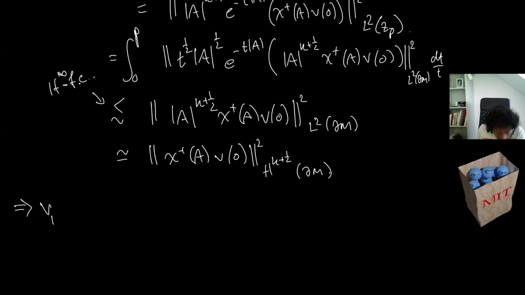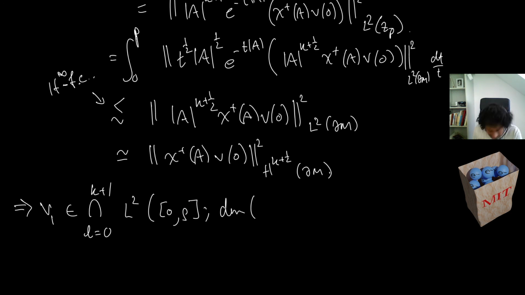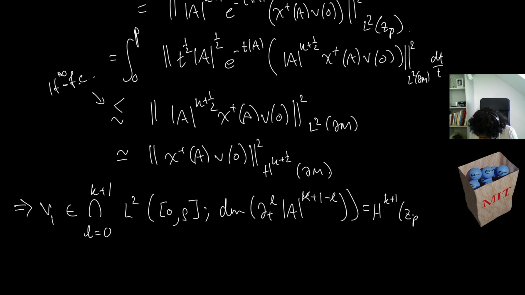This tells us that V1 is in the intersection of the domains, l equals 1 to k plus 1, or l equals 0 even, to k plus 1, of L2 of 0 to rho, taking values in the domain of partial t to the l, modulus A to the k plus 1 minus l, which is equal to H k plus 1 of Z rho bar E.